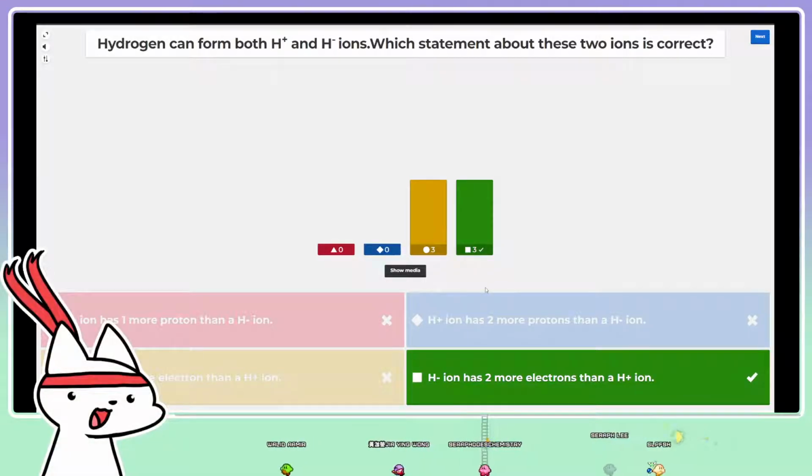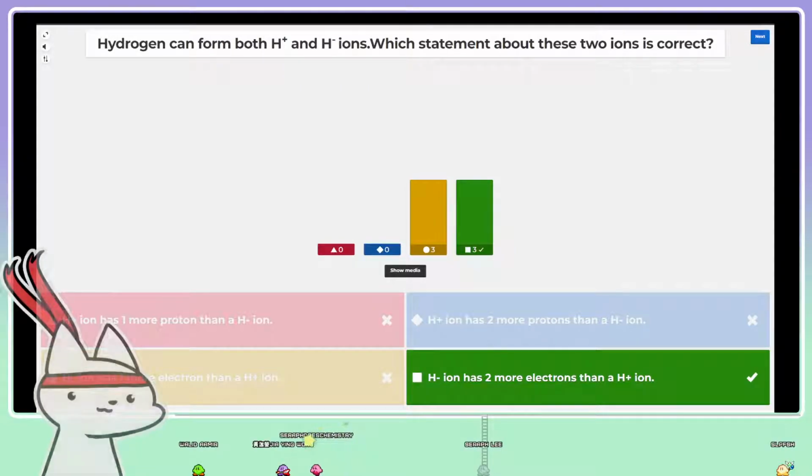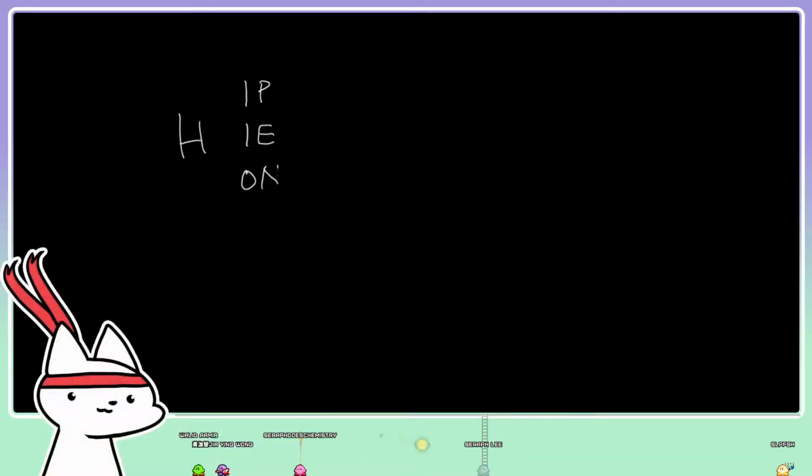Nice. Okay, so in this case, when it comes to hydrogen, we have H plus and H minus as a whole. So going back, hydrogen is one proton, one electron, 0 neutron. I like to arrange it as PEN, right? Proton, electron, neutron.